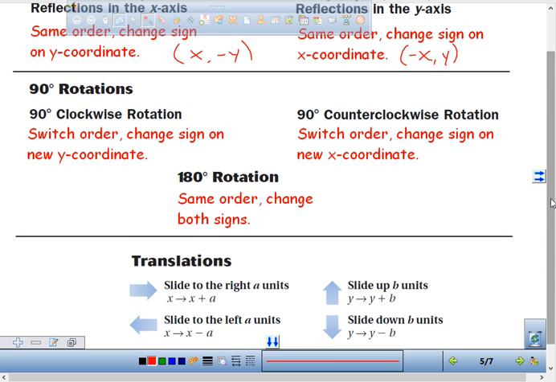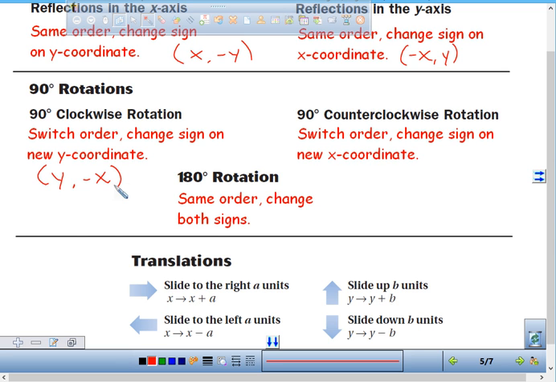Okay, 90-degree rotations. You have 90-degree clockwise rotation. It says switch the order and change the sign on the new y-coordinate. Okay, on the new y-coordinate, they want you to keep the y, negative x. That's our new y-coordinate. And so it's a little confusing as to the way it's worded. You just have to think new y-coordinate.